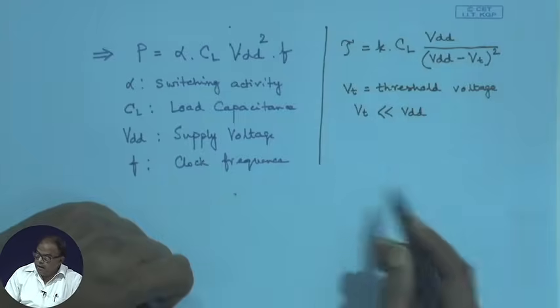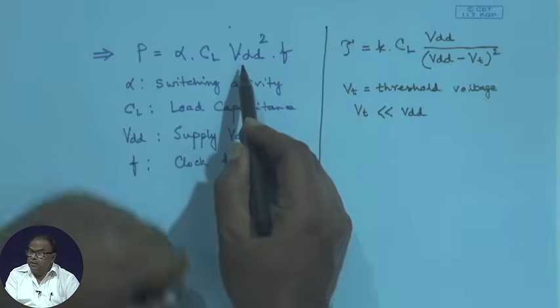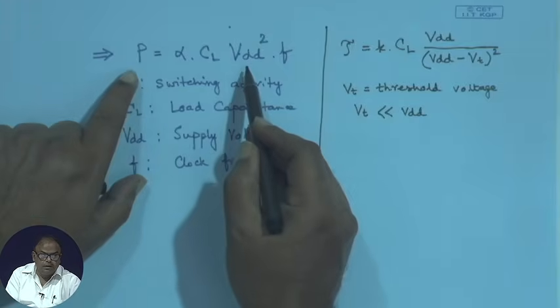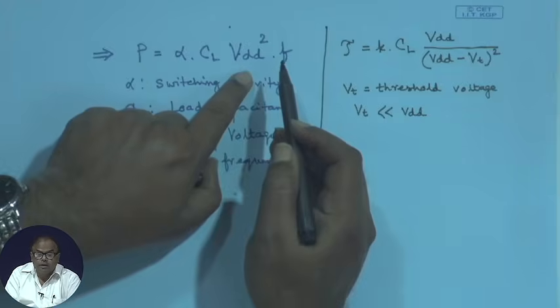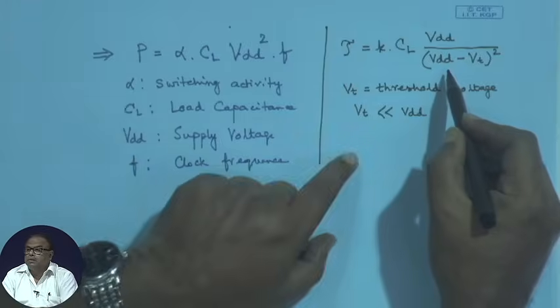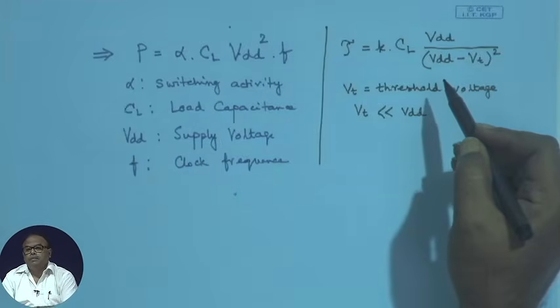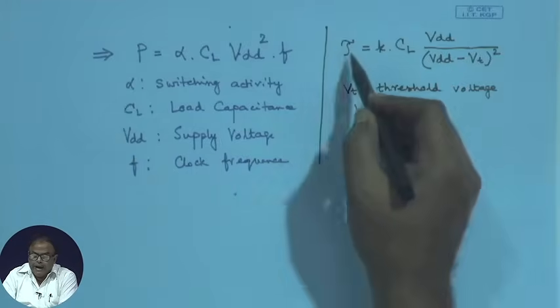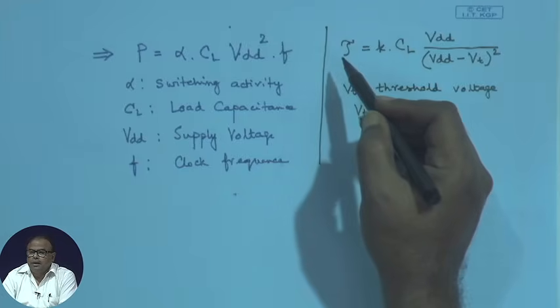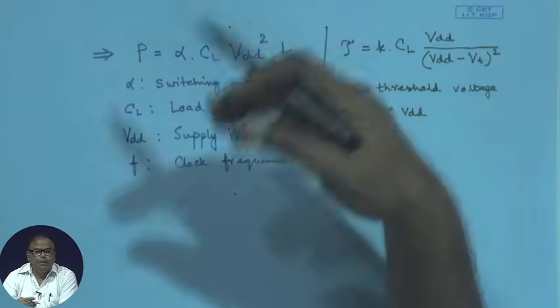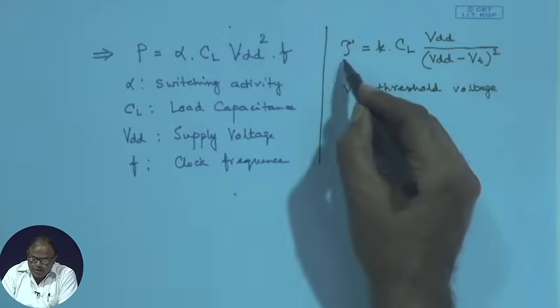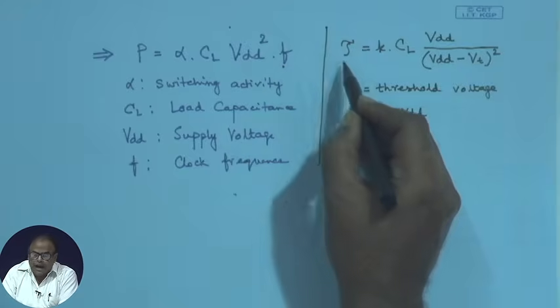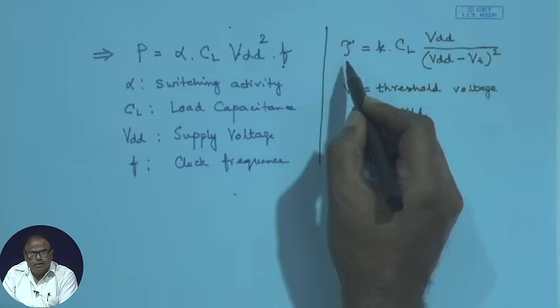So, decreasing the VDD will reduce the power quadratically. If I reduce this part, then delay will increase, and as the delay increases, that is an impediment to the frequency at which I can drive the circuit. That is actually determining the frequency. So, this f and this tau are very closely related.